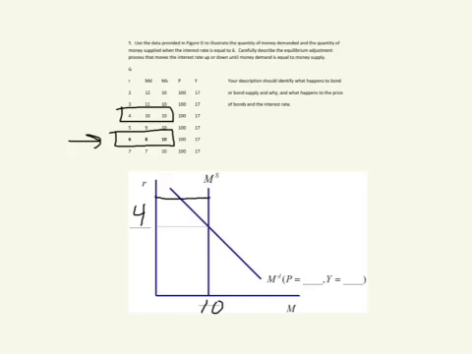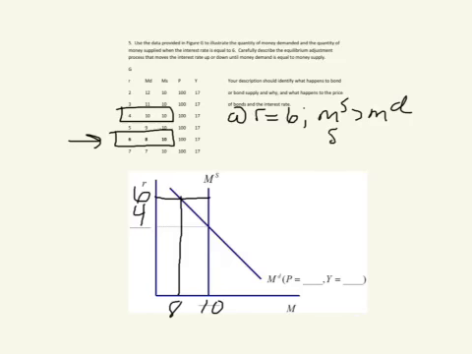What if the interest rate was up here at 6? When the interest rate is 6, the demand for money is only 8, and the supply of money is still 10. So at an interest rate equal to 6, the money supply is greater than money demand.